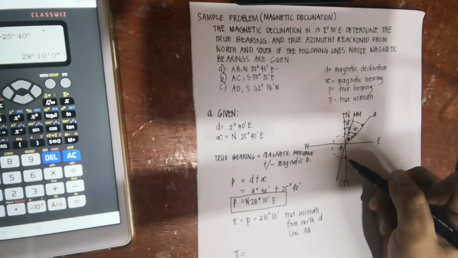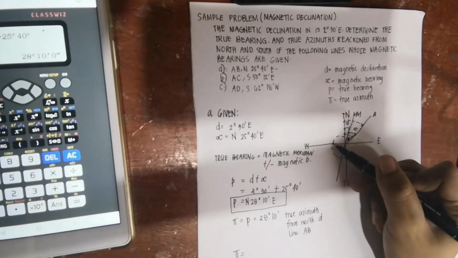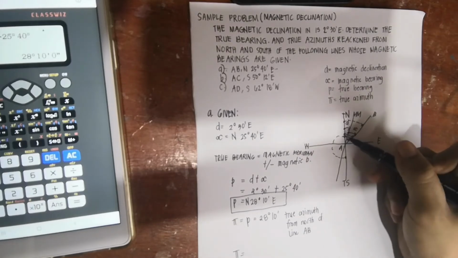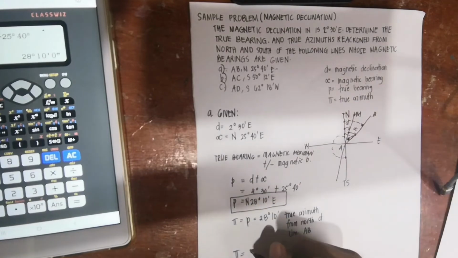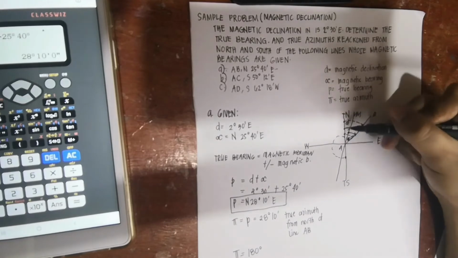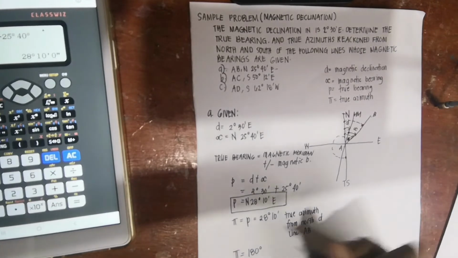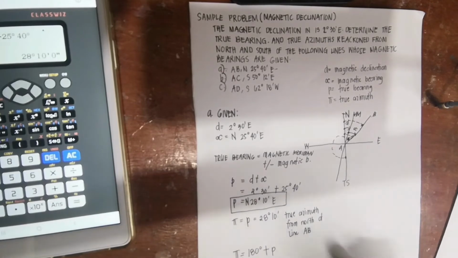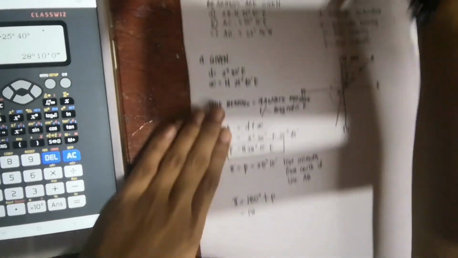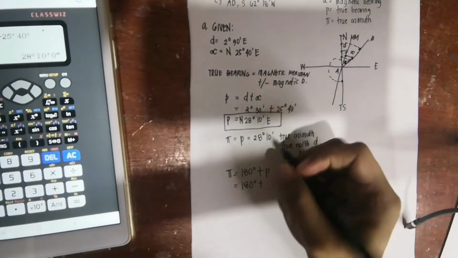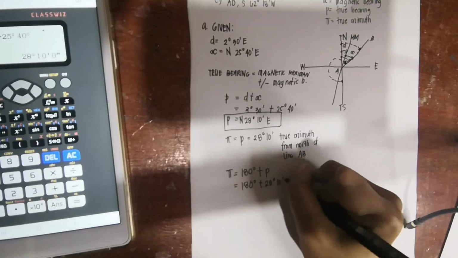Since this passes through quadrant 1, which is 90 degrees, plus another quadrant, which is 90 degrees, that makes 180 degrees, plus the answer here, which is P. P is equal to 180 degrees plus the value 28 degrees and 10 minutes.